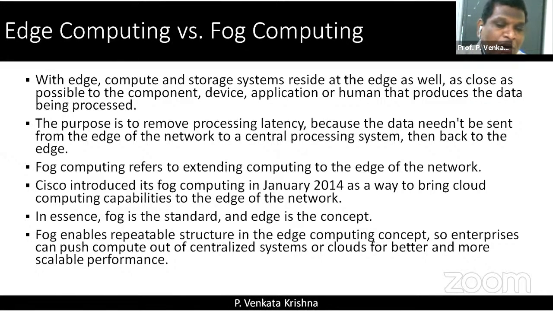So what we are trying to tell is that both are the same. Edge or fog, both are the same, but the name is derived from Cisco. Fog enables repeatable structure in the edge computing concept, so enterprises can push compute out of centralized systems or clouds for better and more scalable performance.